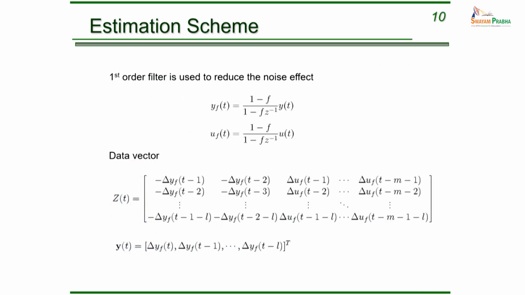So here is the idea. We measured the output, which is noisy, so we need to filter it, and we filter it with a first order filter. The gain of the filter is 1, and you apply the same filter on the input as well.